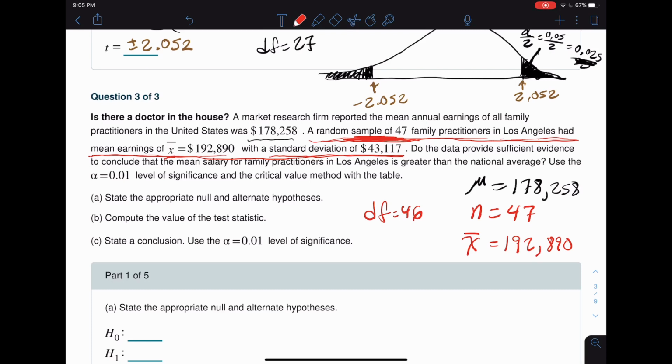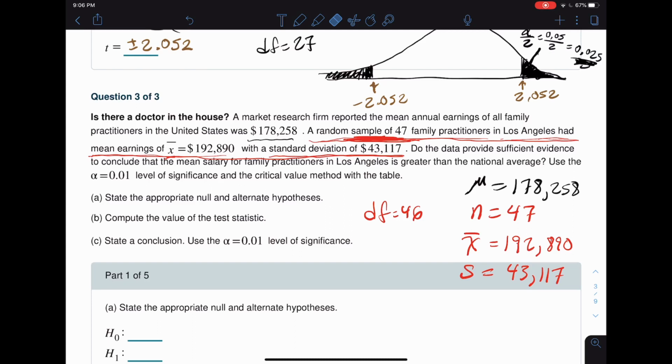That's not the population standard deviation. That is a little s, a sample standard deviation of $43,117. We don't have a sigma, we have an s, which means we're going to be using the t distribution, the t statistic. I think I just showed that to you on the formula sheet.